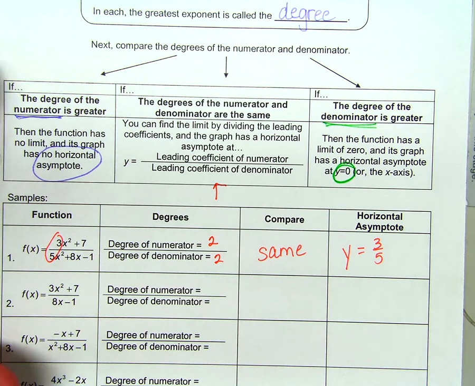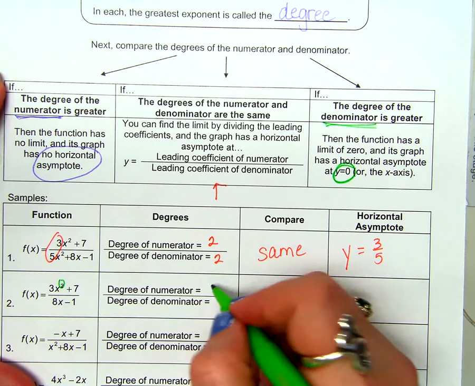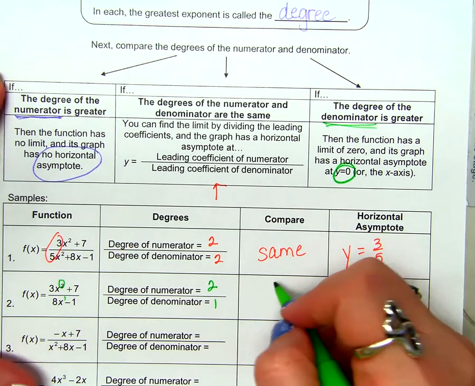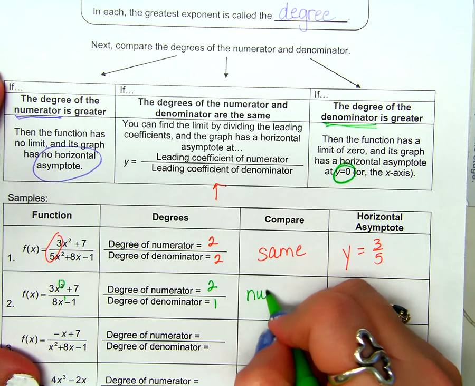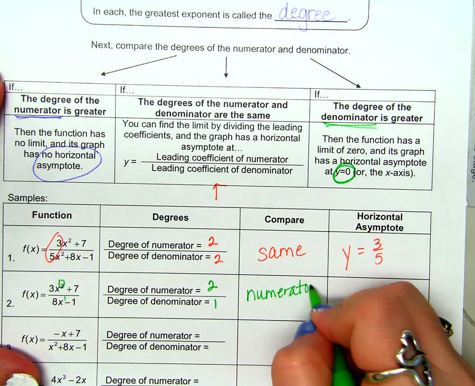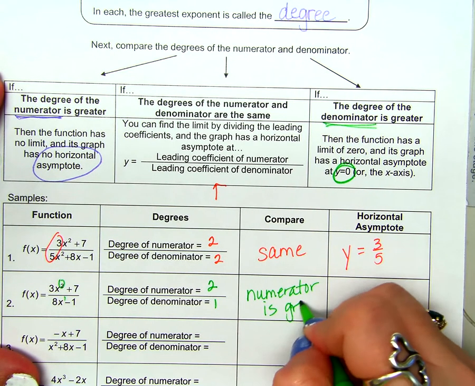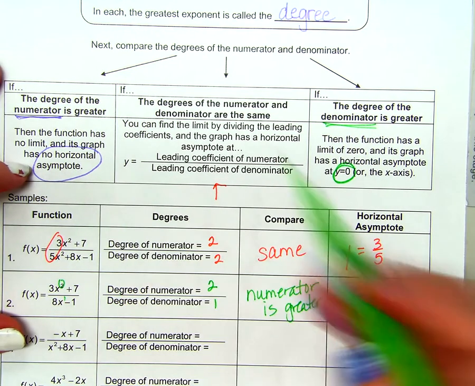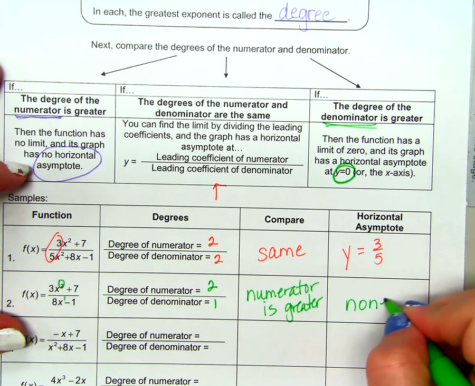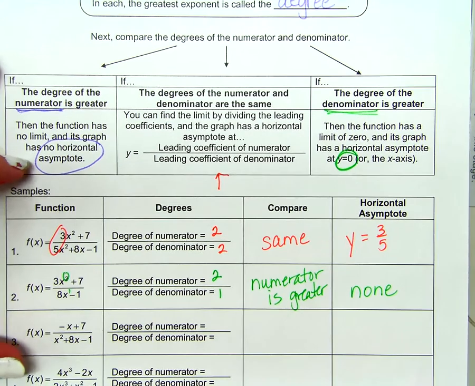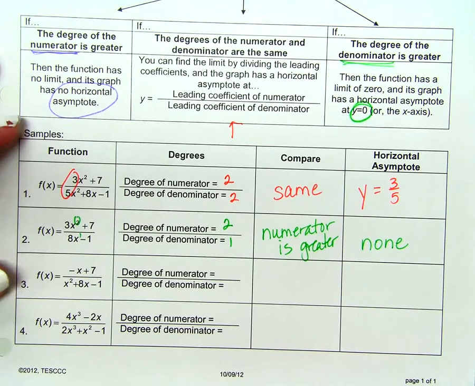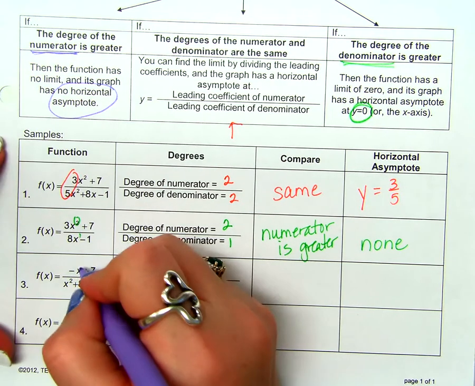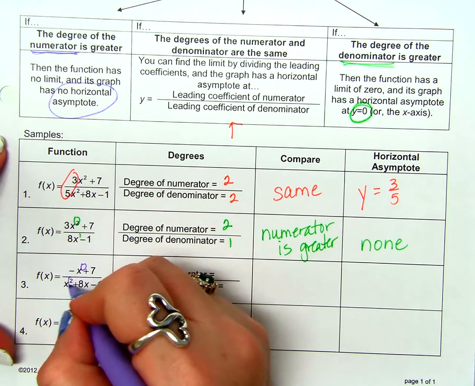Looking at number 2, the degree here is 2. The degree here is 1. So the numerator is greater. When the numerator is greater, we have no horizontal asymptote. Problem number 3. That's a 1. That's a 2.